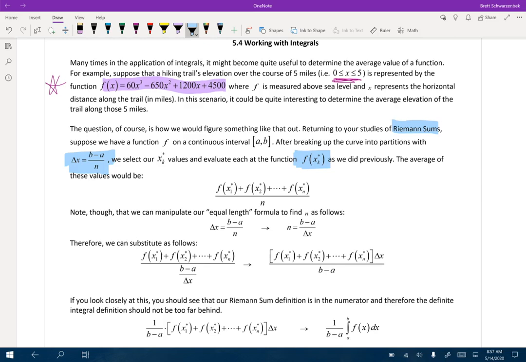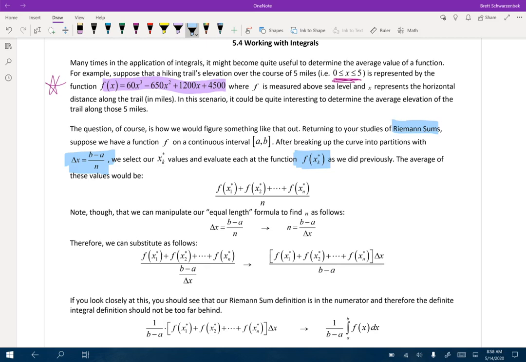So basically find the x value, where the specific grid points are, plug it into the function, and that's your height. Well, it makes sense that if we want to find the average value of the function above sea level, or the average elevation, we probably want to find the average height.